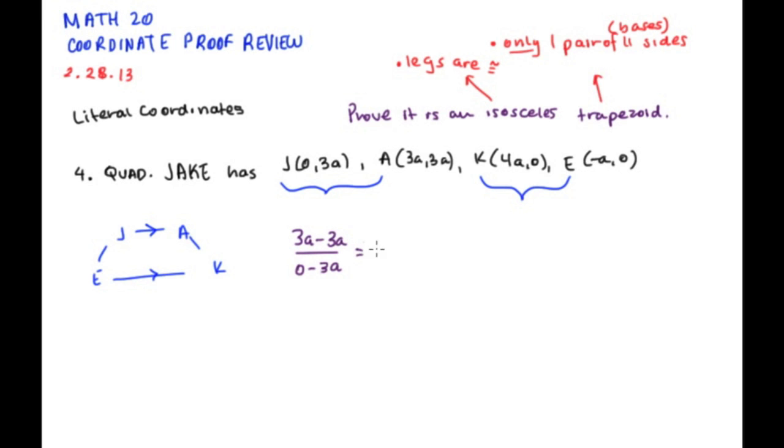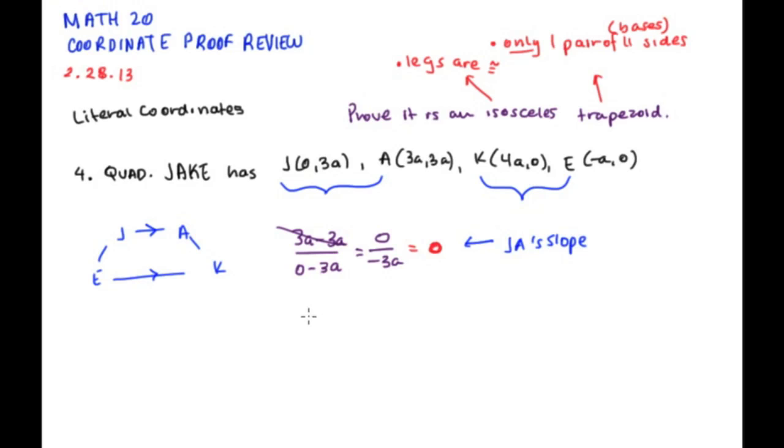Okay, you just treat the variables like they were ordinary numbers. So the 3a minus 3a cancels out obviously to be 0, and the 0 minus 3a becomes negative 3a, but it doesn't really matter because it's 0 divided by something, so the answer is just going to be 0 as the slope here. Now let's try the same thing with K. So this is JA's slope over here.